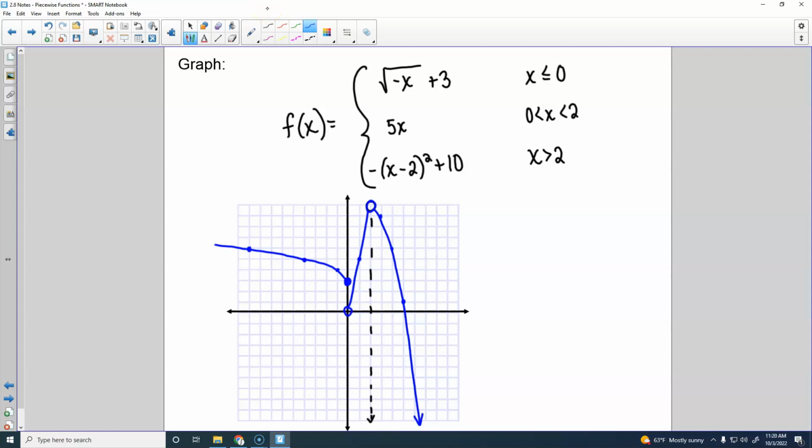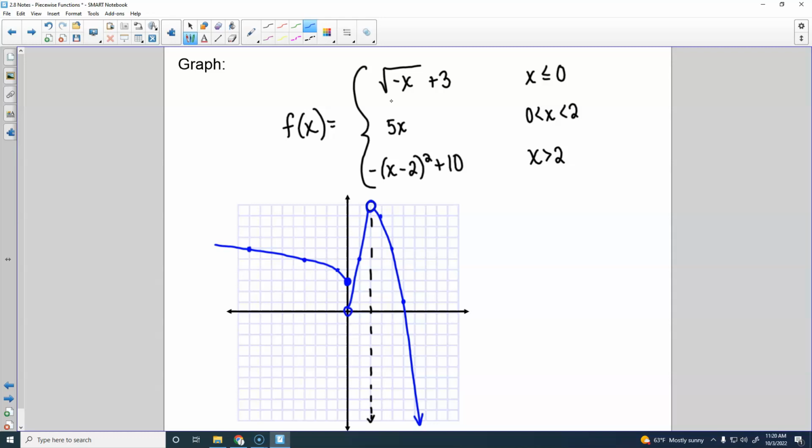But if you get two that are really similar and you can't tell which one is correct, you could just plug in some numbers to get the exact points instead of just the general shape. Here I knew it was going to be at 0, 3. But if I plug in -1, this is 1, the square root of 1 is 1, plus 3, so I get 4.